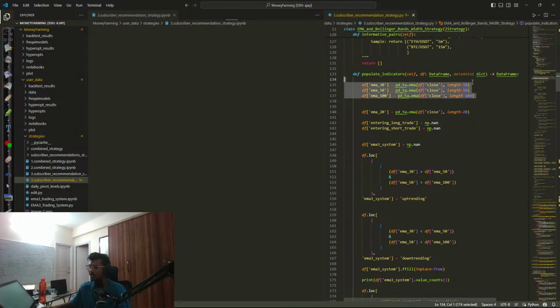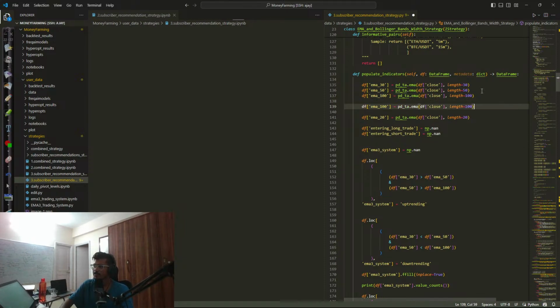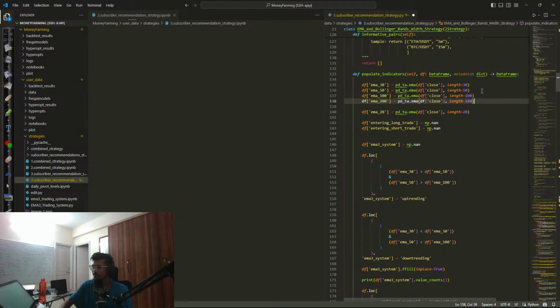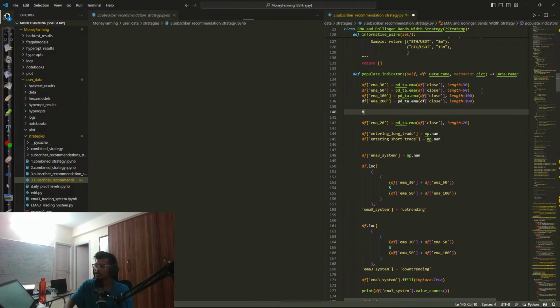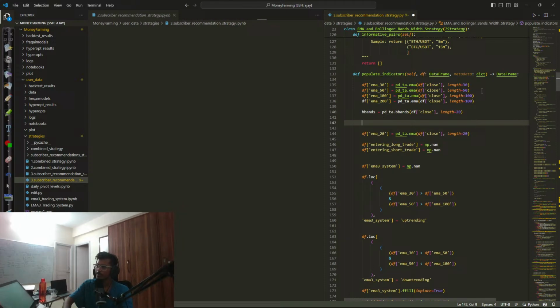So see, I already got the EMA here. I'm going to get the 200 EMA. And then what we need is the B bands. So pdta.bbands, close, length 20, and then we get DF bbands.